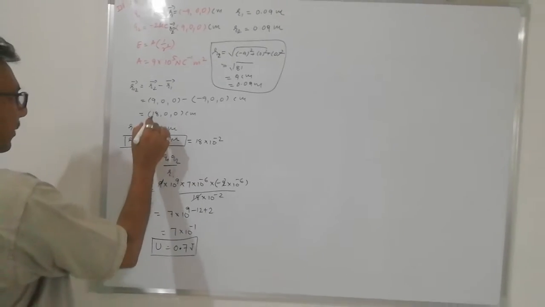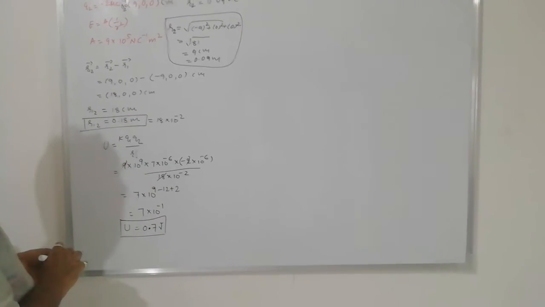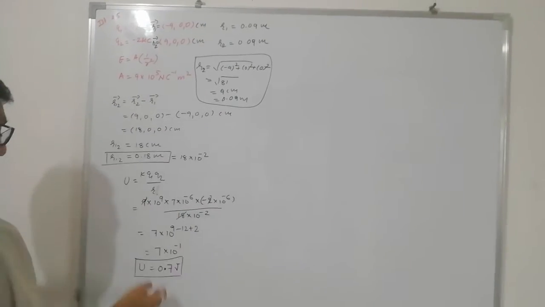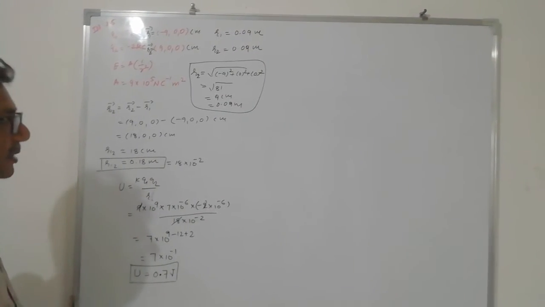So when these both charges are at these position vectors, their potential energy is 0.7.